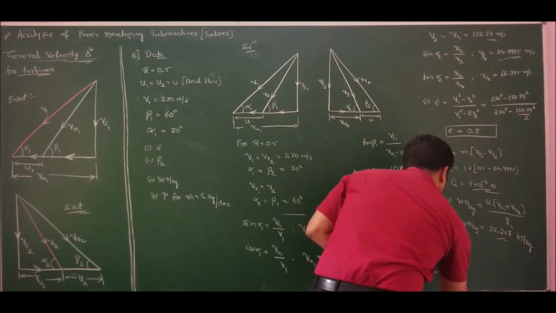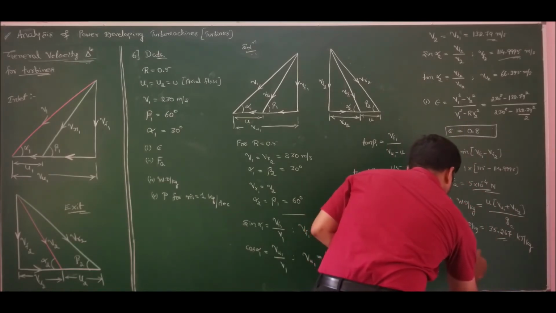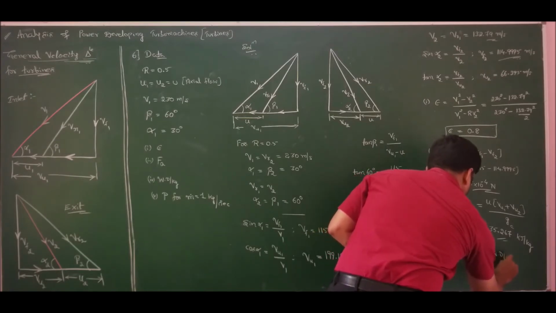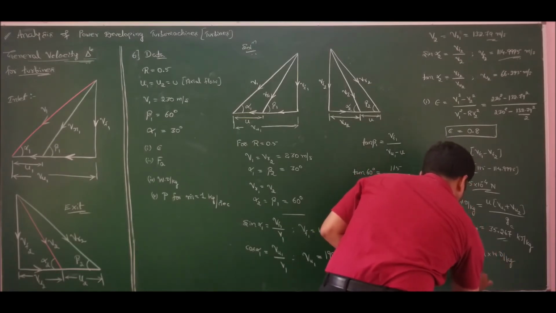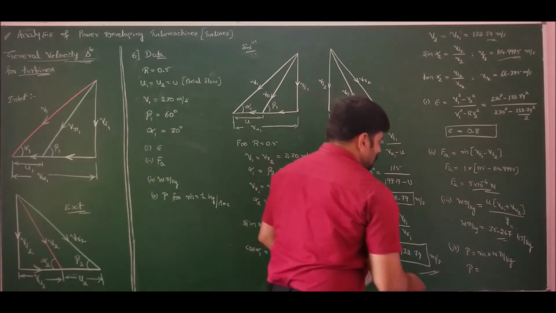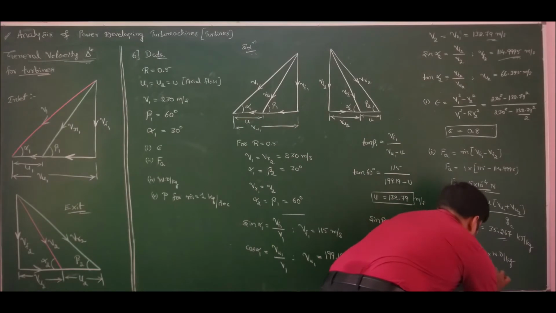Finally, to find the power developed, P is m dot into work done per kg. With unit mass flow rate, m dot is 1, and work done per kg is known, so you get the answer as 35.267 kilowatts.